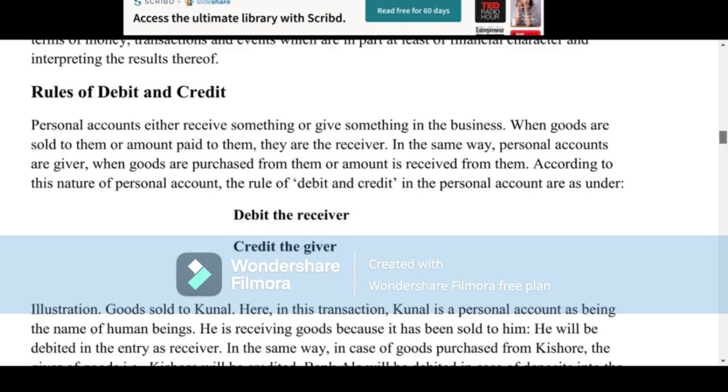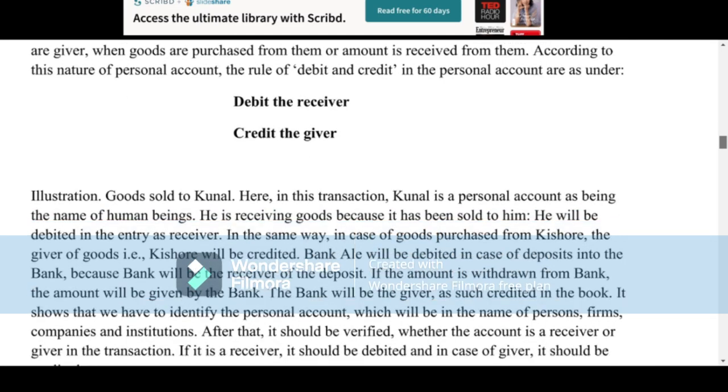Here is the illustration. Suppose goods sold to Mr. Kunal. Here in this transaction, Kunal is a personal account, being the name of a human being. He is receiving goods because they have been sold to him. He will be debited in the entry as receiver.